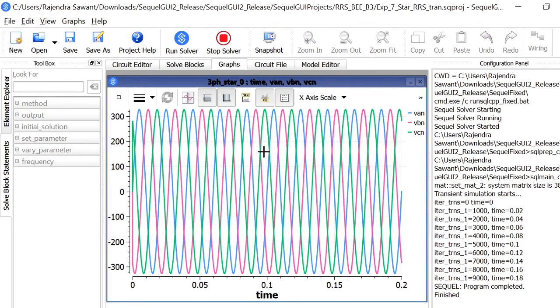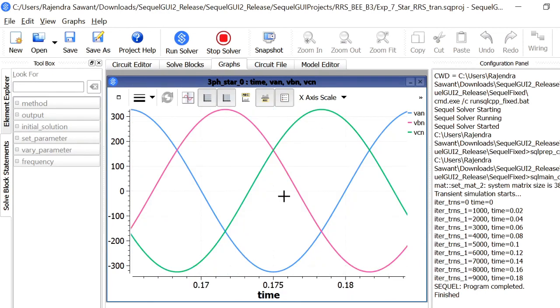This we have assumed to be balanced because their magnitudes are the same. See here, the magnitude is around 326.6, and they have a mutual phase difference of 120 degrees.